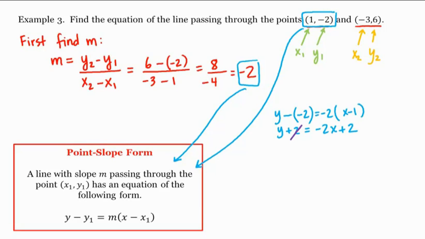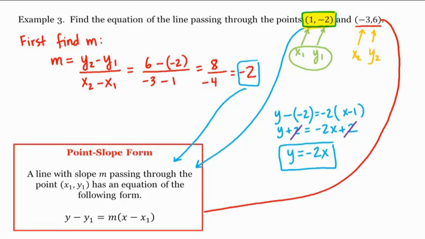And these 2's will cancel, which leaves us with our answer of y is equal to -2x. Now we use this point here as (x1, y1) primarily because that's what we labeled it originally when finding the slope. However, we could have plugged in this other point over here, (-3, 6), into this form as well, and you'd get to the same answer.